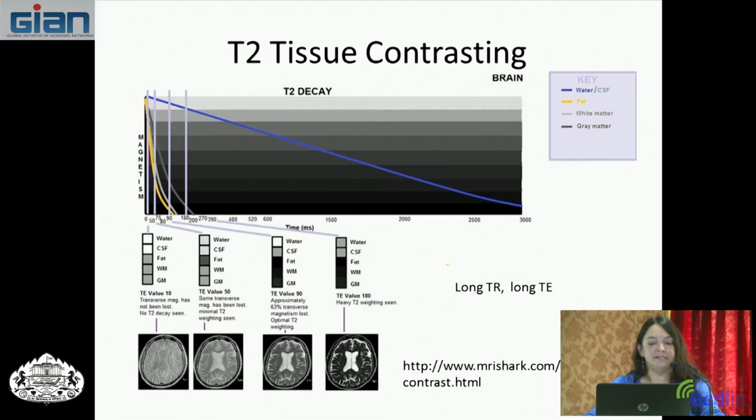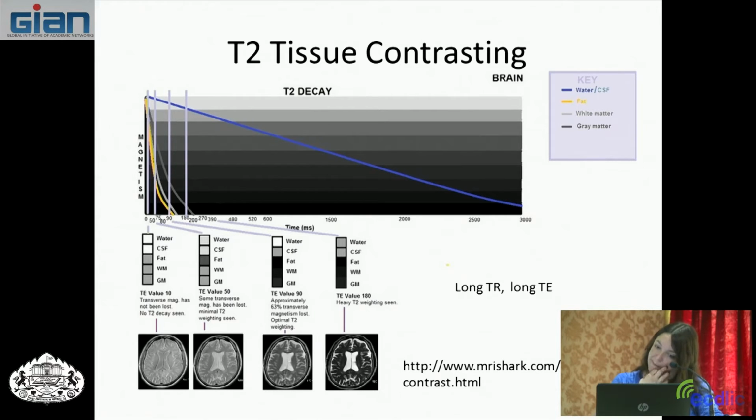And so in this case, because the CSF is the longer tissue for phase coherence, the fluid comes out white.